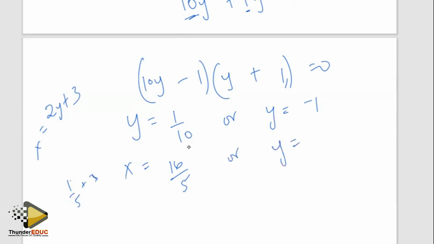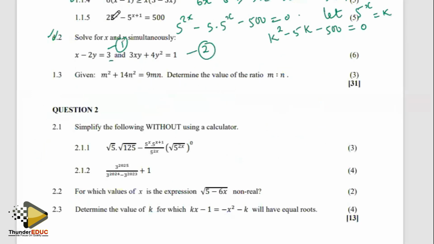Or if I substitute with a negative 1, that becomes negative 2 plus 3, which means my x is a 1, not y. x becomes a 1. So that is how the simultaneous equation would have been approached.